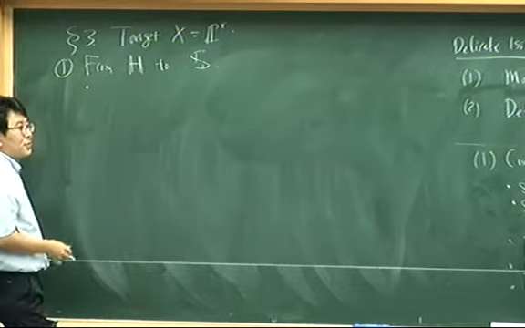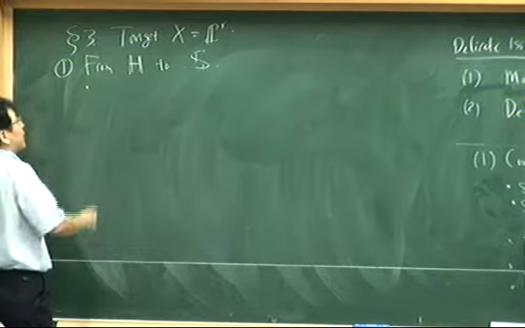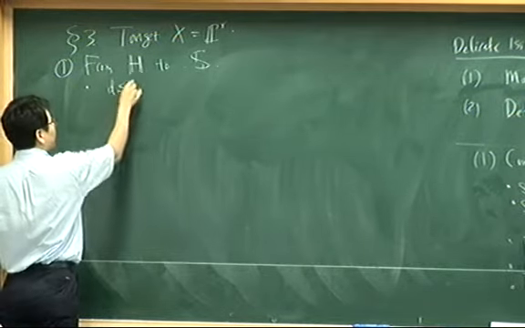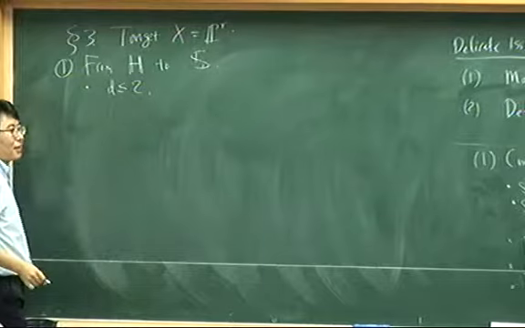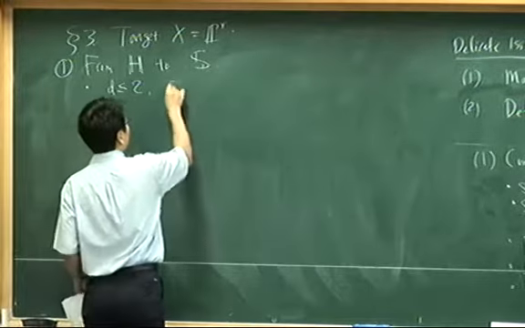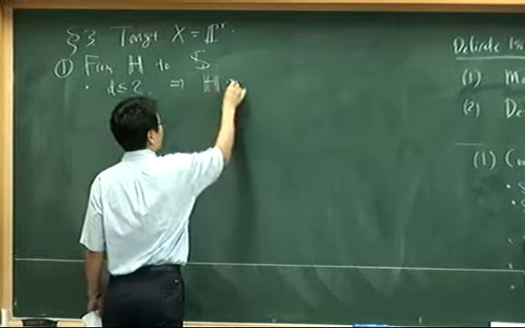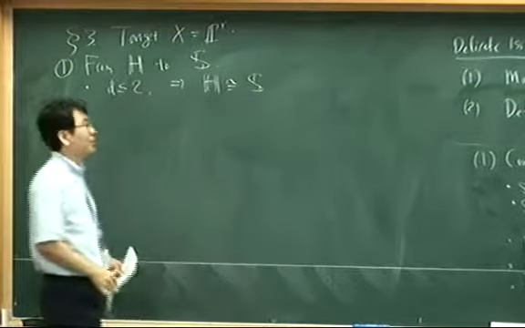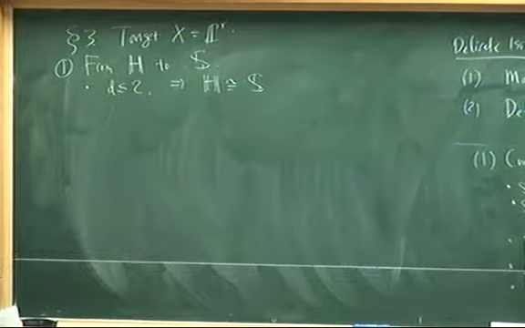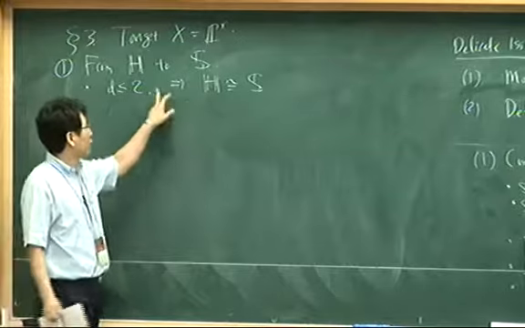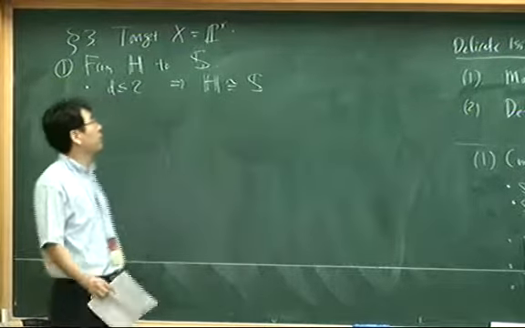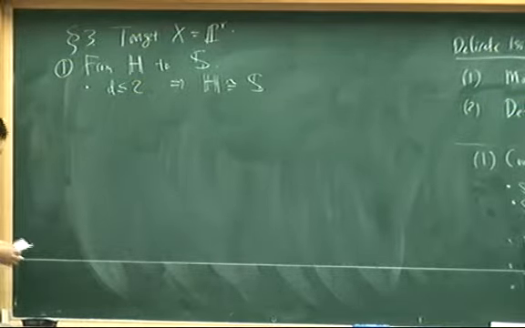It makes sense to start with the simple cases. When degree is equal to 1 or 2, then it's really easy. H is isomorphic to S, because the structure sheaf of a conic is a stable sheaf, so there's nothing to do here.